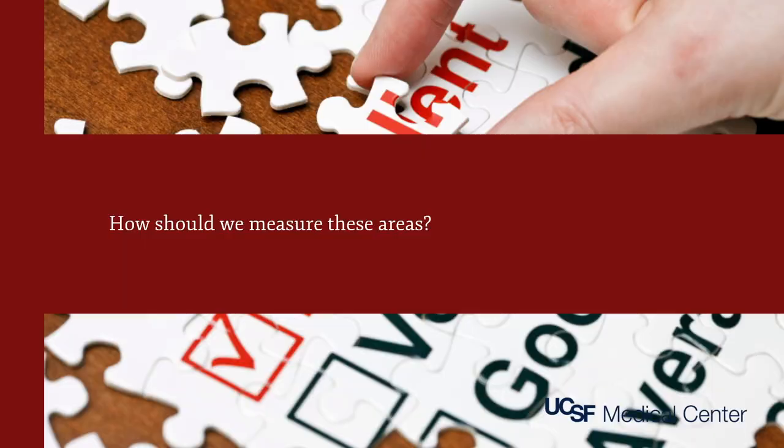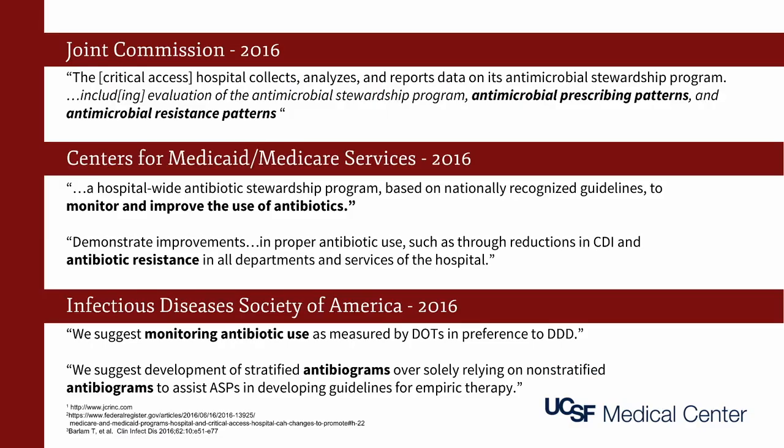The world of antimicrobial stewardship has finally been noticed by key regulators of healthcare system quality, including the Joint Commission and the Centers for Medicare and Medicaid Services. These groups have recently promulgated guidelines for antimicrobial stewardship activities for participating institutions.